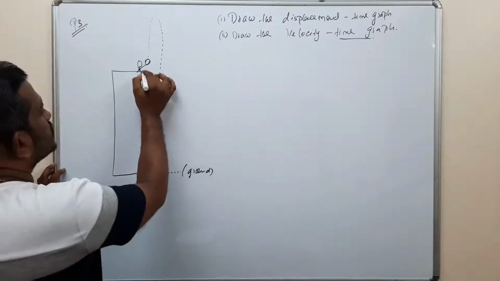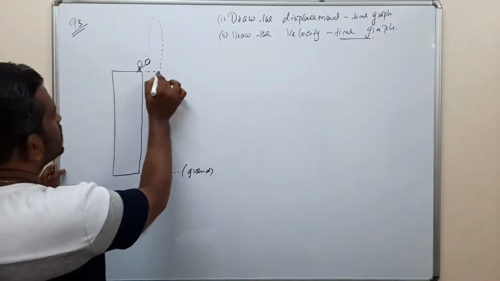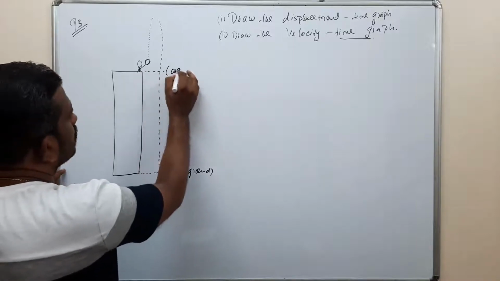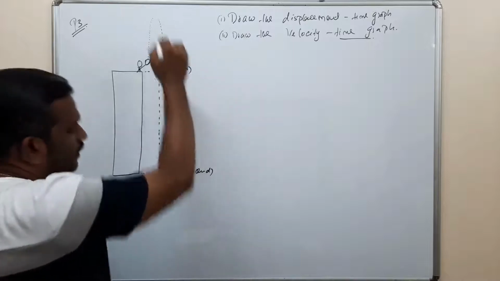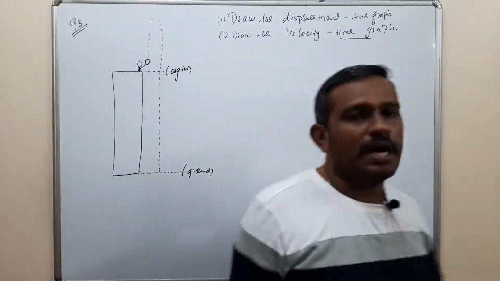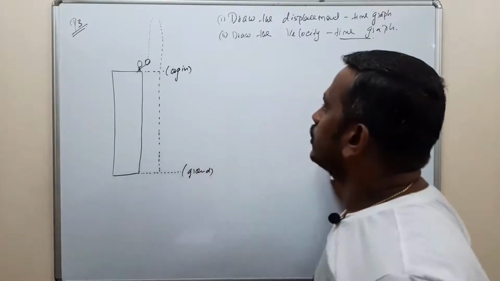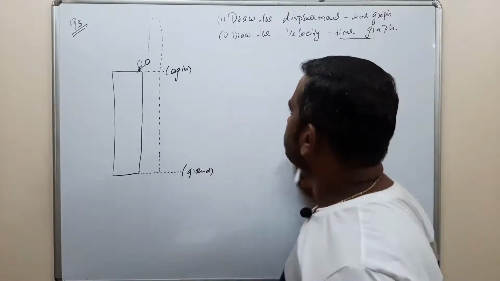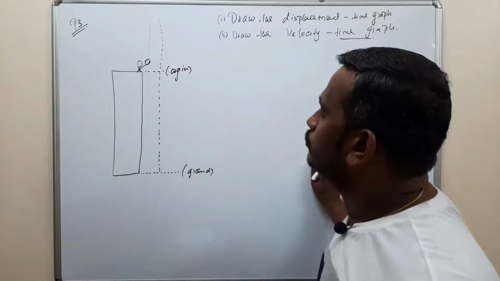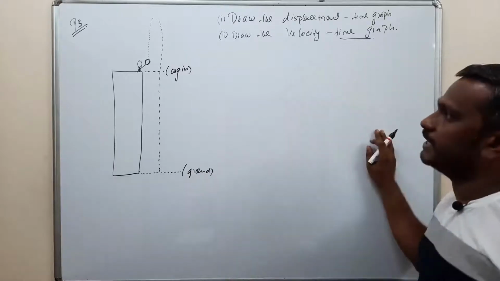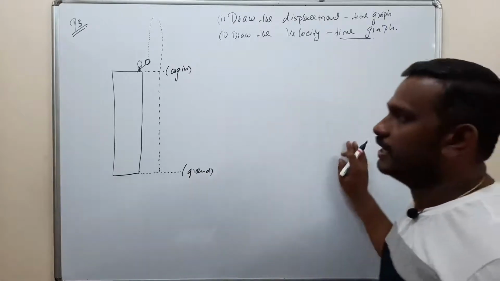So upward motion is in the positive axis and downward motion in the negative axis. We have to draw the displacement time graph and the velocity time graph.